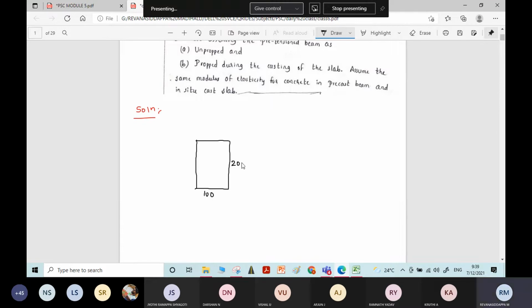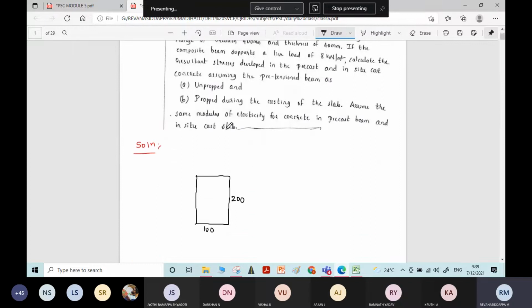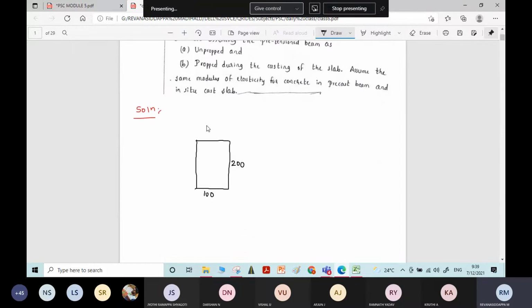Over this rectangular section there is a flange or slab cast having 400 mm width and 40 mm thickness. Over this beam, you draw a flange section having 400 mm width and 40 mm thickness.